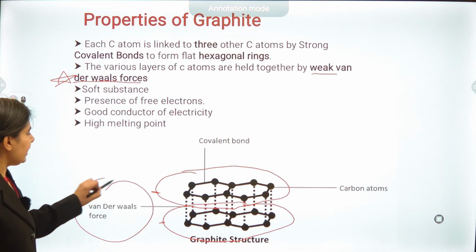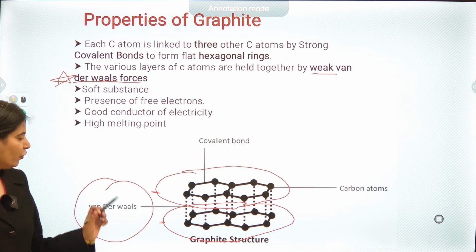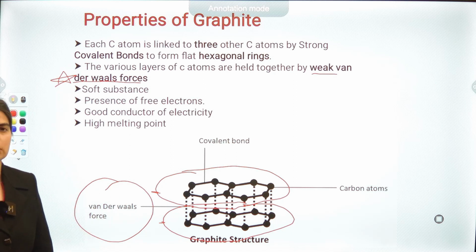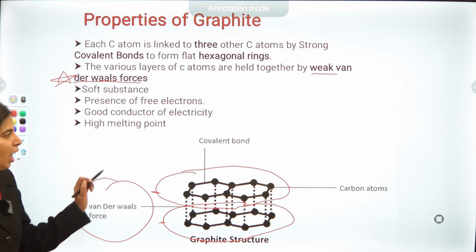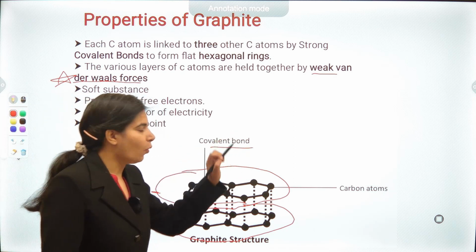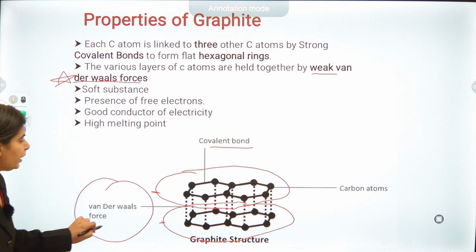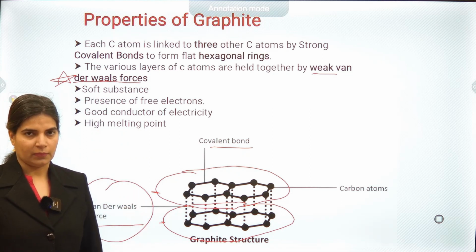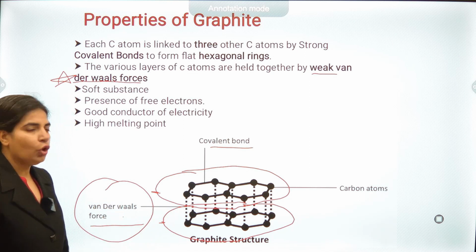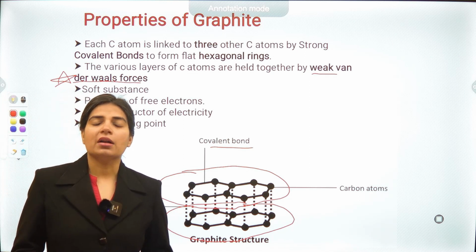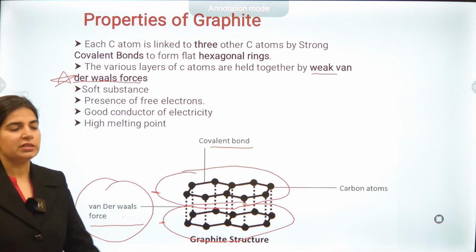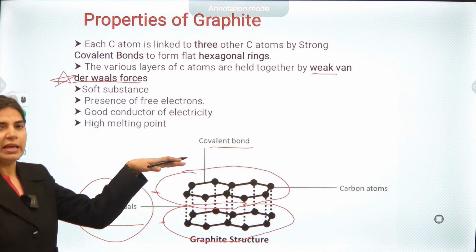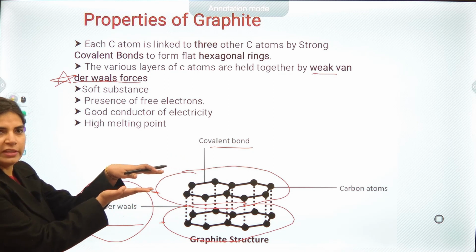These are connected by means of van der Waals forces of attraction. As we know that van der Waals forces are weak forces, because of them one layer of carbon is able to slip over the other layer.